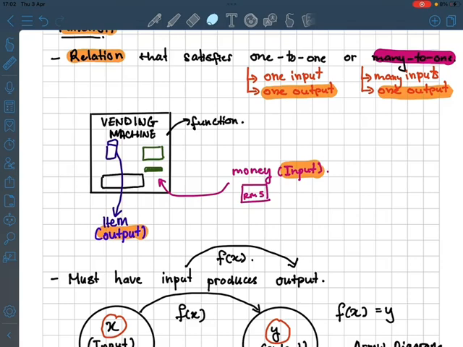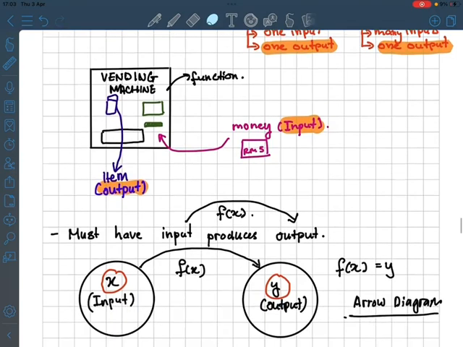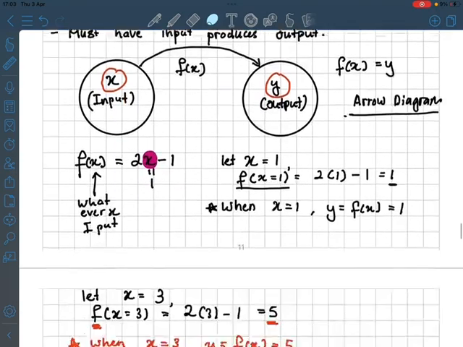So what is the relation? As long as you have the money to insert into the vending machine, you will get the item, right? That's the relation, and the relation is one-to-one. You insert one money and you get one item.